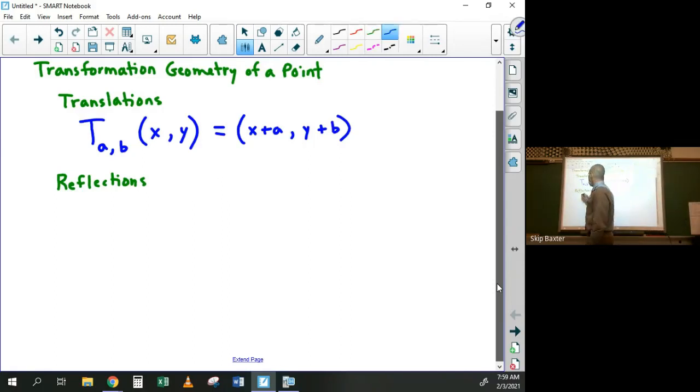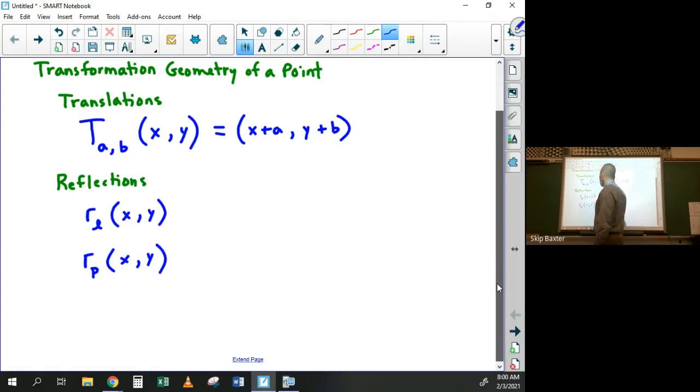And the notation is lowercase r and then a line, or a reflection and then over a point. So there's the coordinates of a point here, x, y. Okay, so there's line reflection, point reflection, and either way, the best way to get the image point is to graph it.